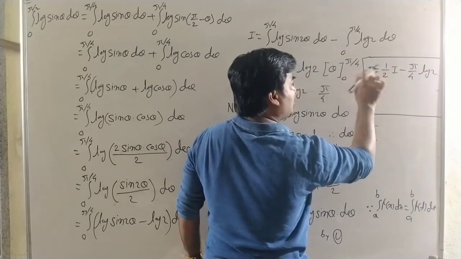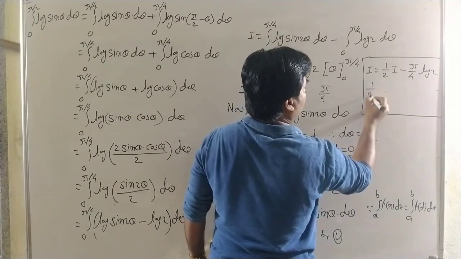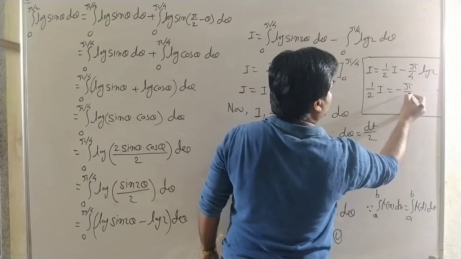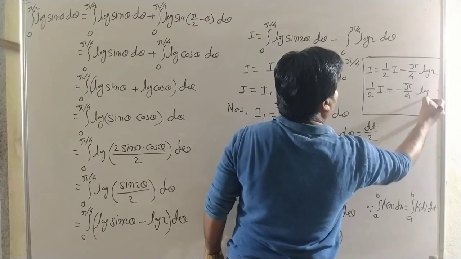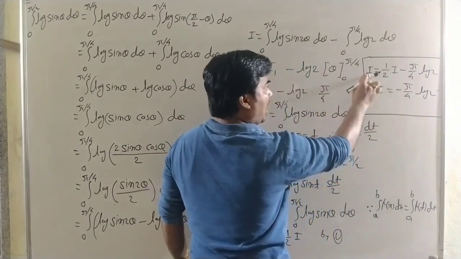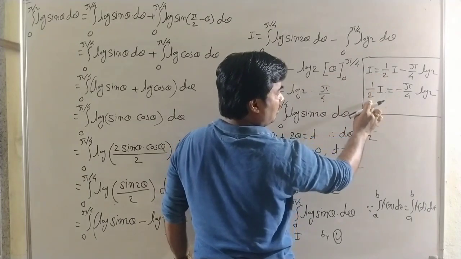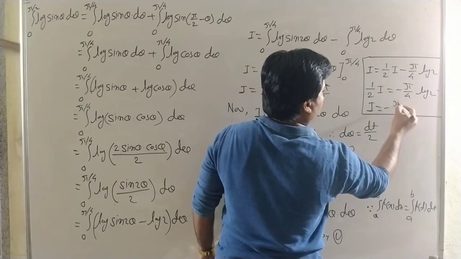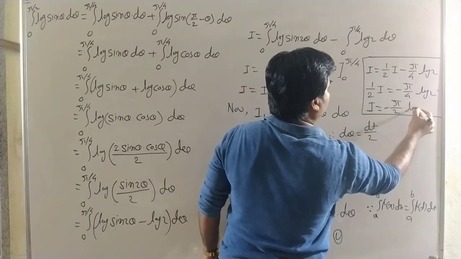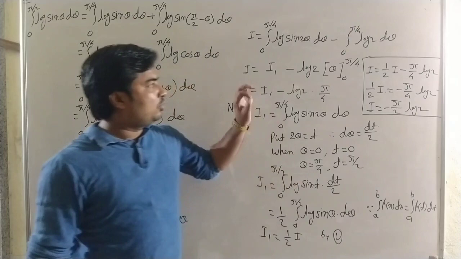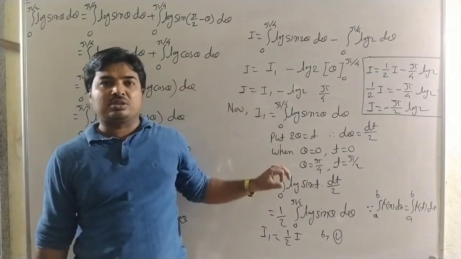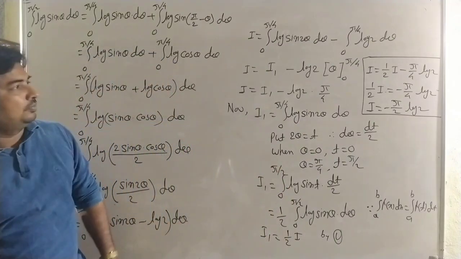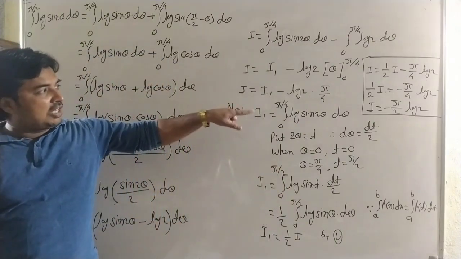Then I minus 1 by 2 I is 1 by 2 I, which is equal to minus pi by 4 log 2. Therefore the last answer I is equal to 2 times this, that is, minus pi by 2 log 2. It is the last answer of this question. See carefully all the steps. The last answer is minus pi by 2 log 2.